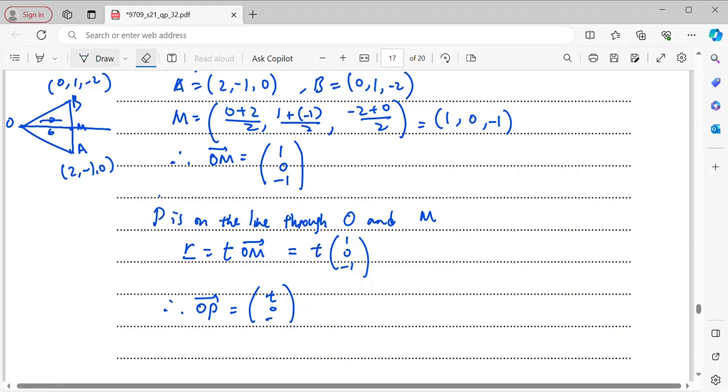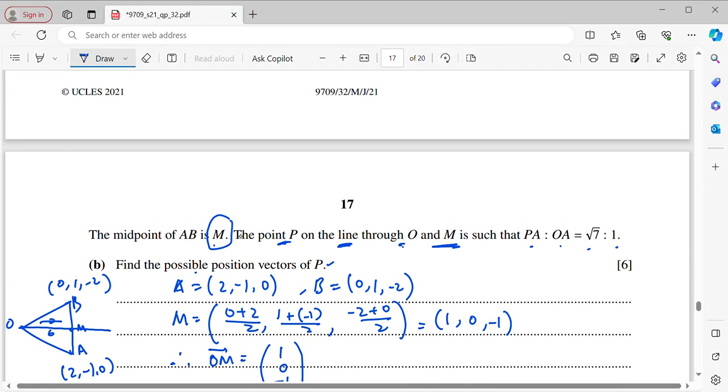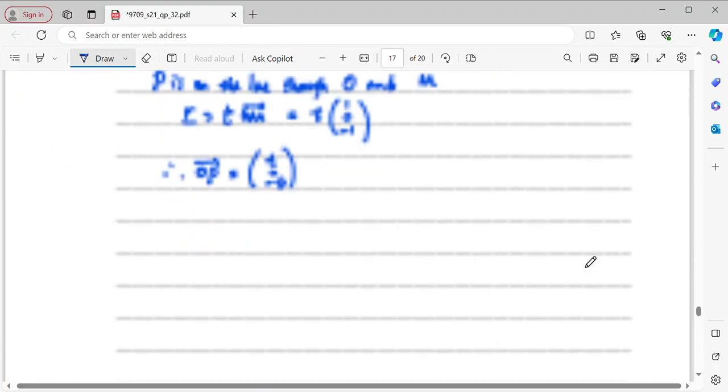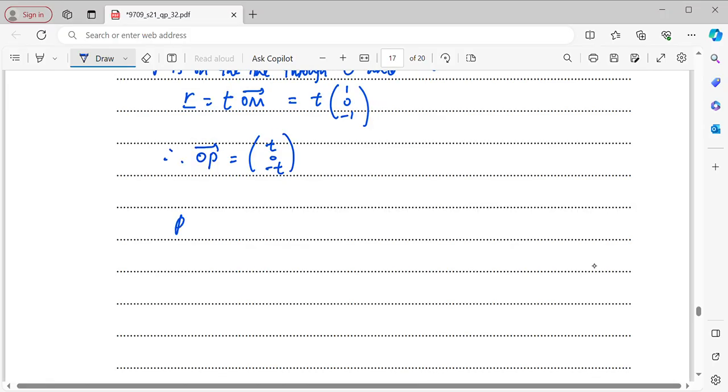Now we need to find P, using this ratio. Before that, you have to find the vector PA and get OA first. OA is given already. Vector PA is OA minus OP.